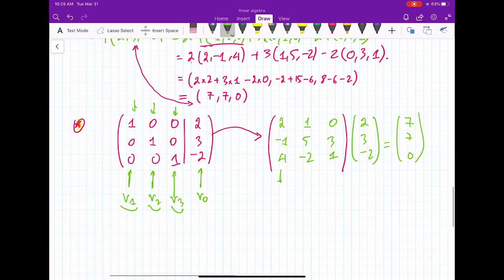They are right here: Tv1, Tv2, Tv3. And they ask you to find Tv0. You see that? And this is nothing but the coefficients of the linear combination. That means the solution of this system. Look at this. Make sense?